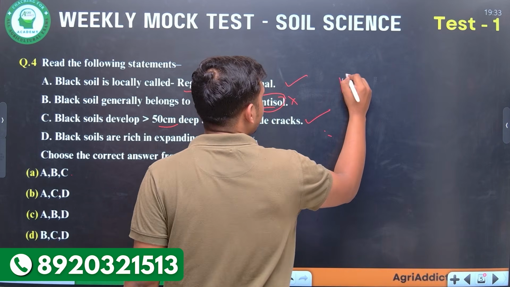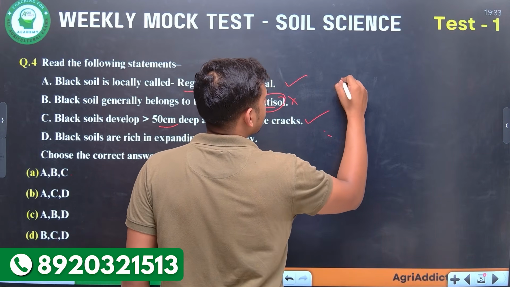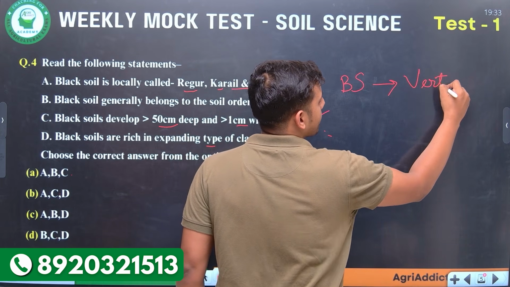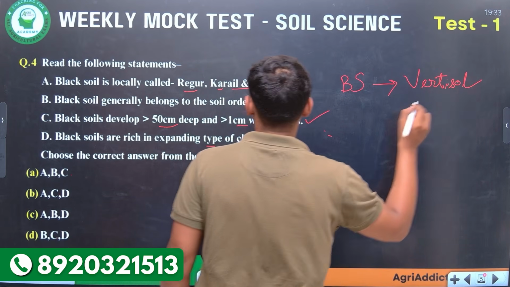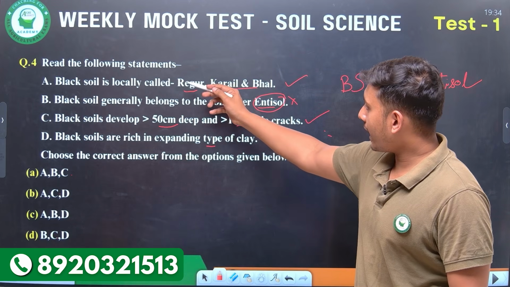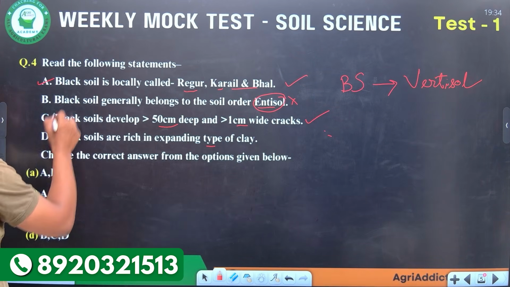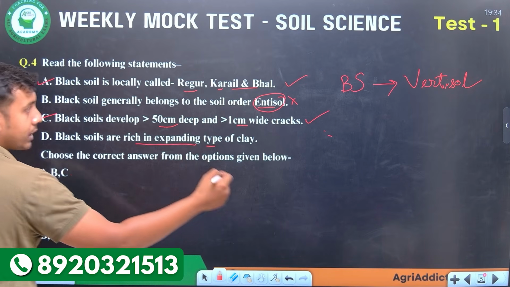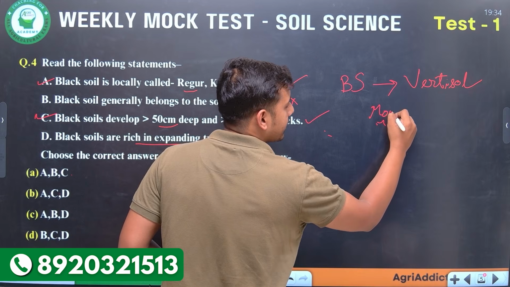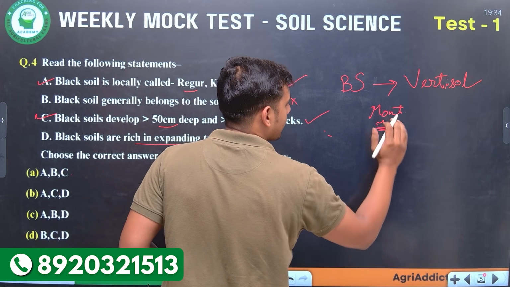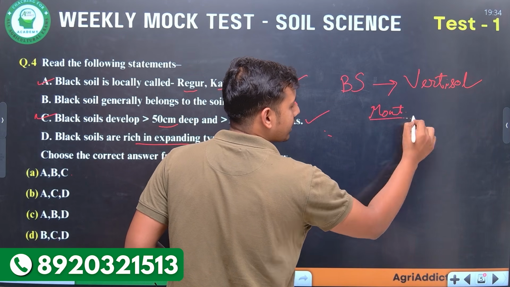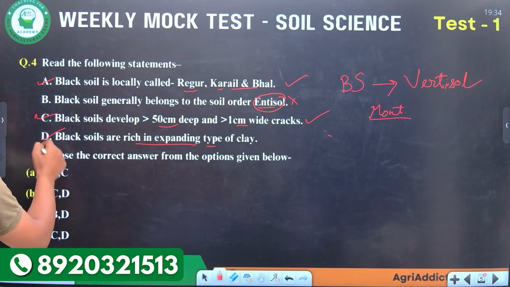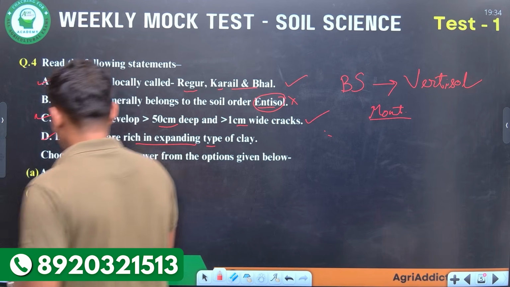Actually black soil belongs to Vertisol, so this will be a wrong statement. So A is right, C is right, and D is expanding type of clay. We know that Montmorillonite clay is present in black soils, so it is an expanding type of clay, so it is also right. So the correct answer will be A, C, D.